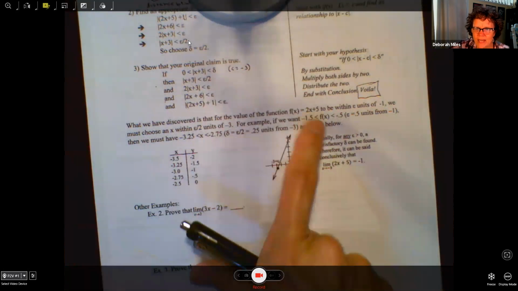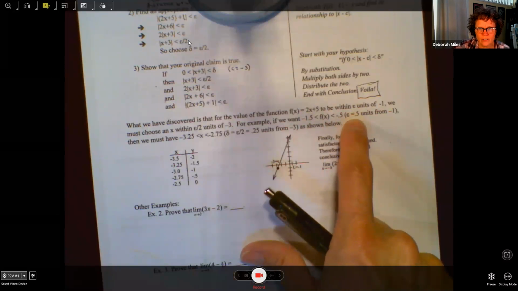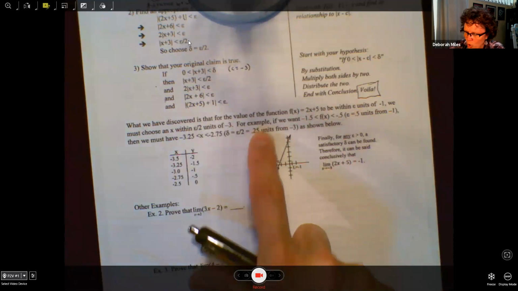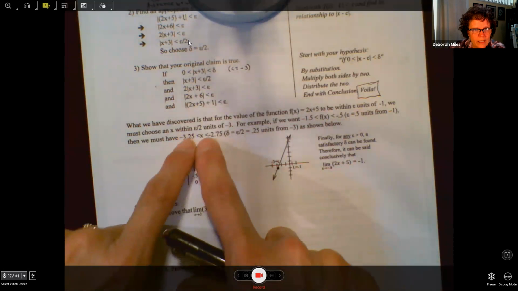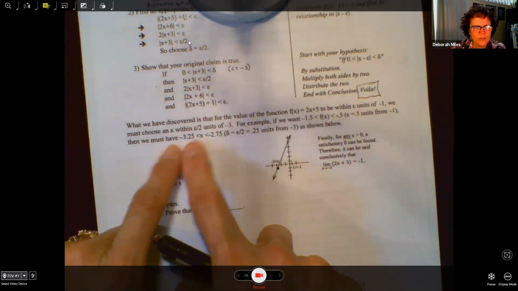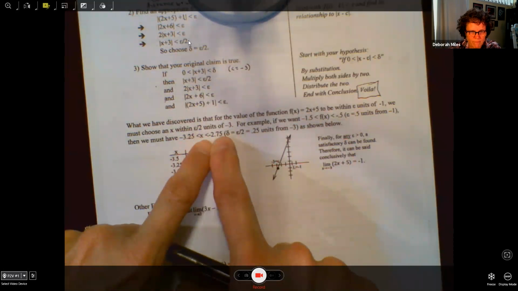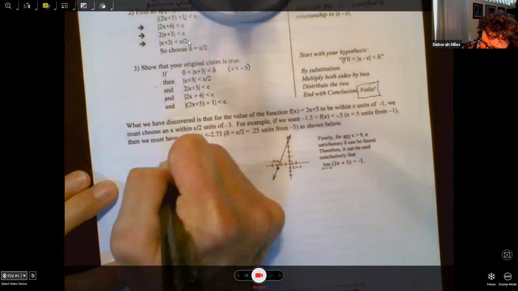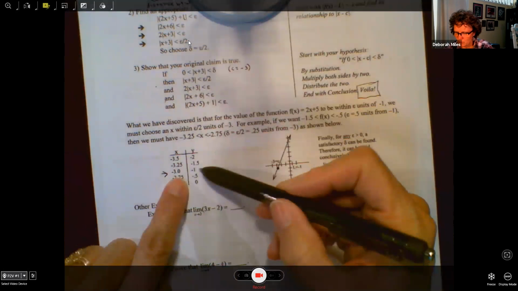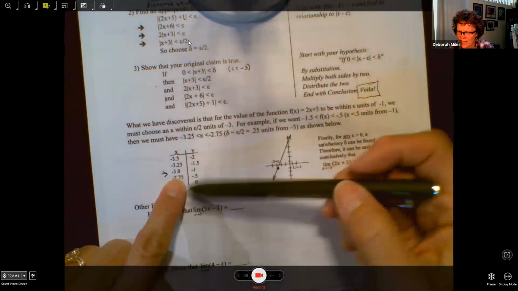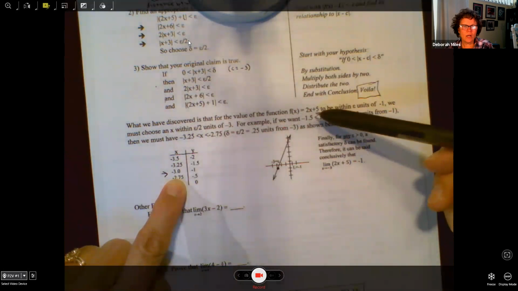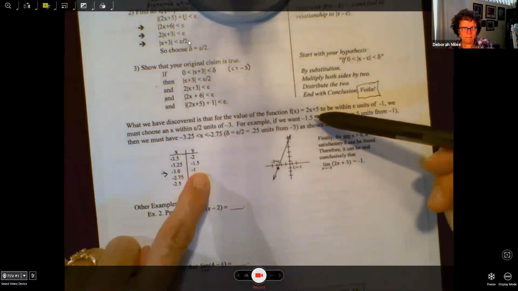Well, half of that distance would be a quarter. If epsilon is 50 cents here, half of that would be a quarter. And a quarter unit of -3 is -3.25 to -2.75. And you can tell from your XY chart, this is bullseye. I know that when I let x be -3 in this function, I get y is -1.